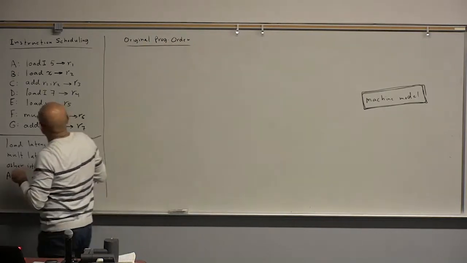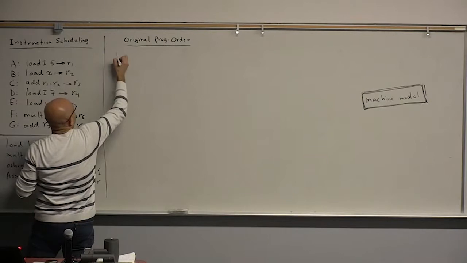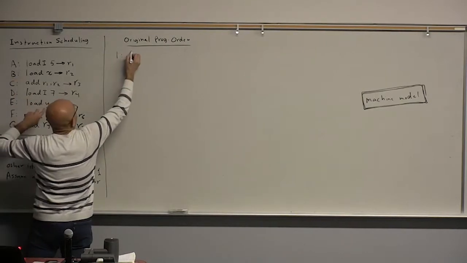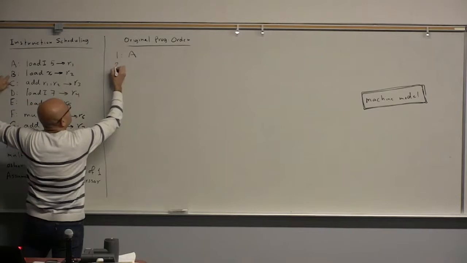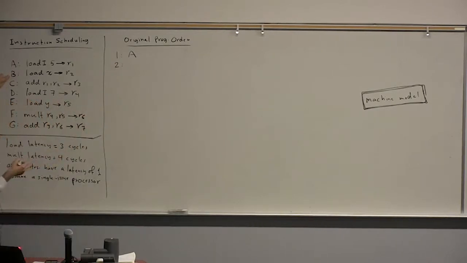with these latencies, in cycle number 1, we will have instruction A. Instruction A will execute in cycle number 1. Will B execute in cycle number 2? Yeah, because it's not dependent on A. So now we realize that we need to know about dependencies.